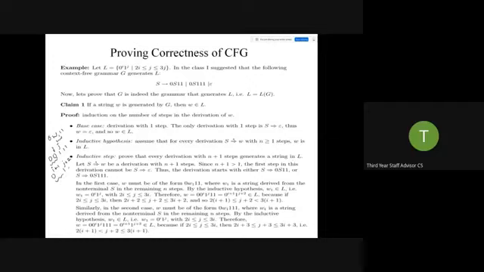We can say that this belongs to L, because according to our language this term also belongs to L. It satisfies the condition given here, that is 2i less than or equal to j less than or equal to 3i.